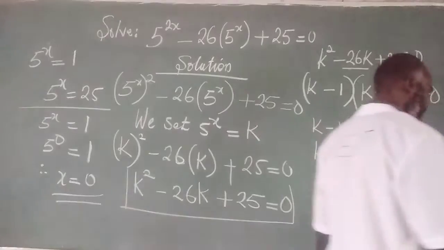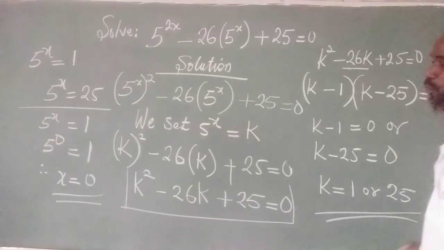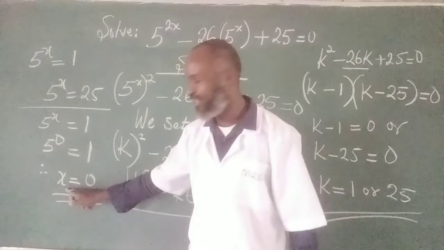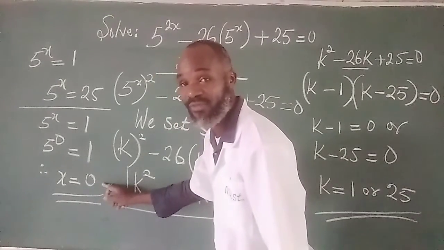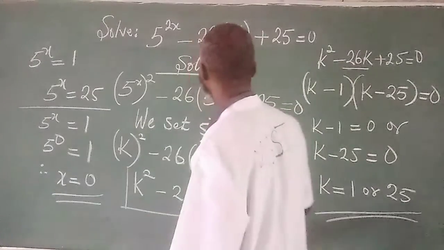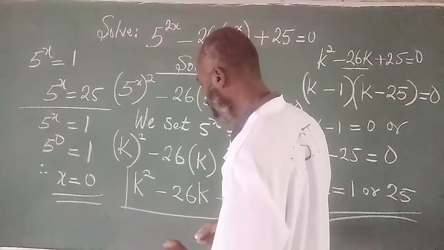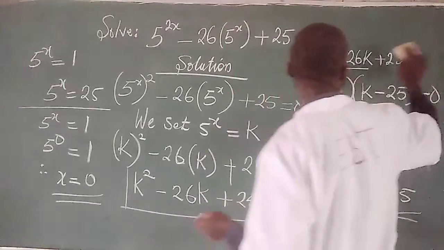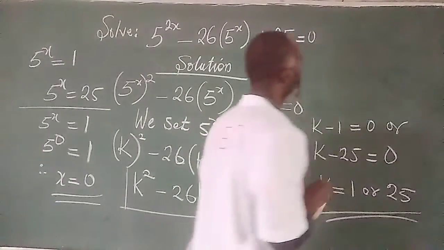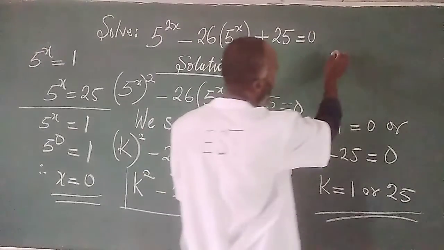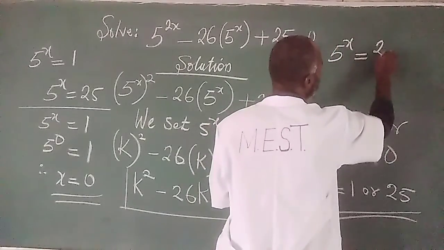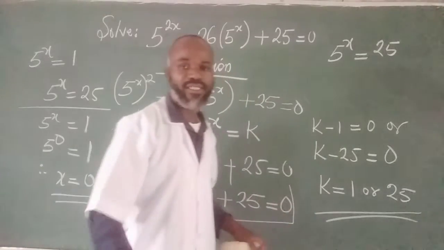Now, let's look at another aspect of this. We have succeeded in finding the exact value of x in the first place. So x is equal to 0. Now, how do we find the other? Since we have evaluated the value of k, we go at this point and see that 5 exponential x is equal to 25. What does it mean?